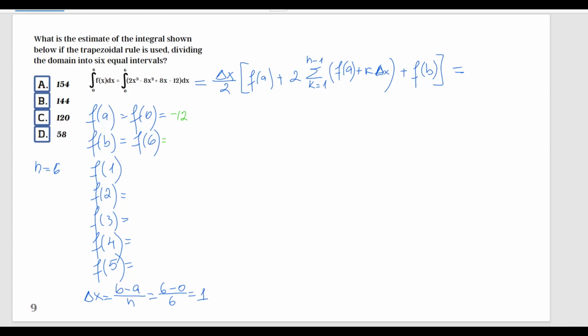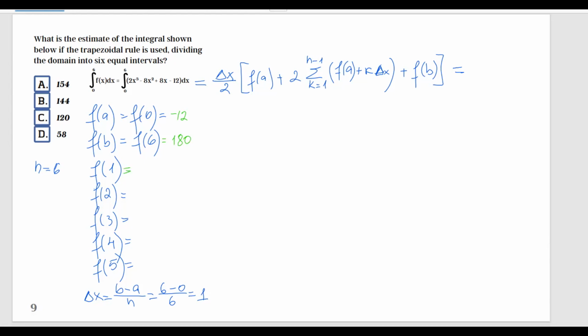So I'll do 6 power 3, 2 multiplied, and then I have 6 power 2, so 36 multiplied by 8, and we subtract, and then we have 8 multiplied by 6, and we add, and then we have 12 minus, so I'm getting 180.